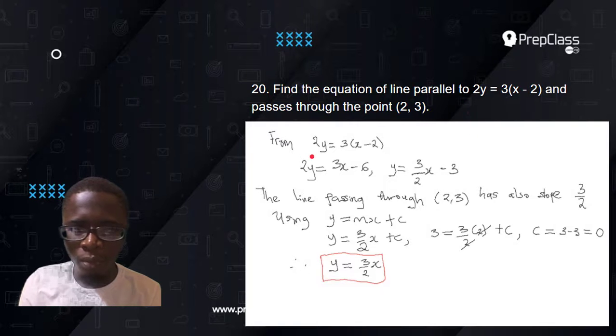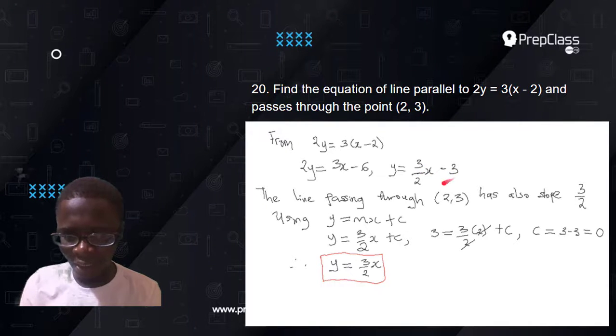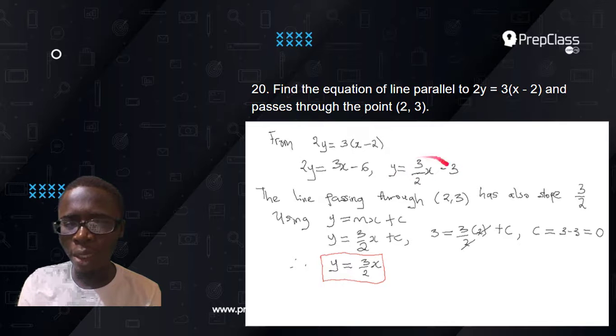Here, from this particular equation given to us, by the time you open this bracket, you discover that this is going to give us 3x minus 6. Making y the subject of the formula, you discover that 3 over 2 x minus 3 is now a definition of a straight line equation where the slope is 3 over 2 and the y-intercept is minus 3.